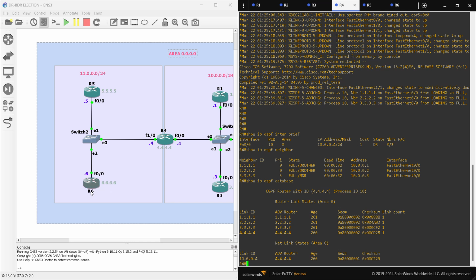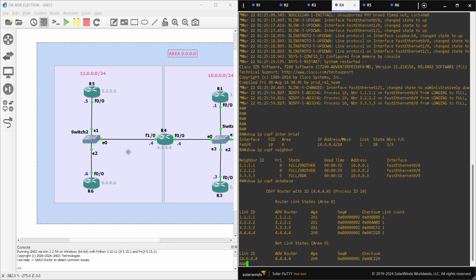So the other network LSA will be generated by R6 for network 11.0.0.0, right?